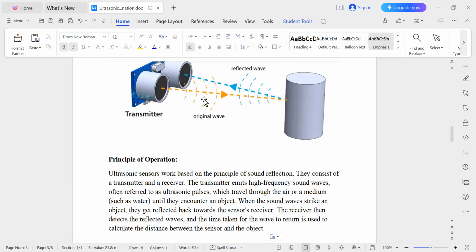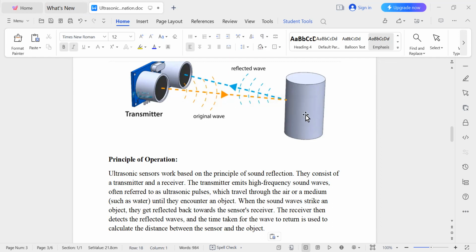It produces sound waves, referred to as ultrasonic pulses, which travel through air or through some medium such as water. Till how much distance do they travel? They travel through the air or water till they encounter an object.